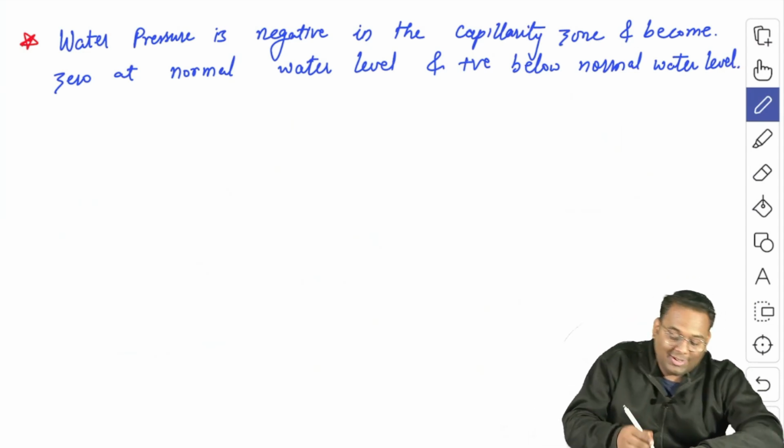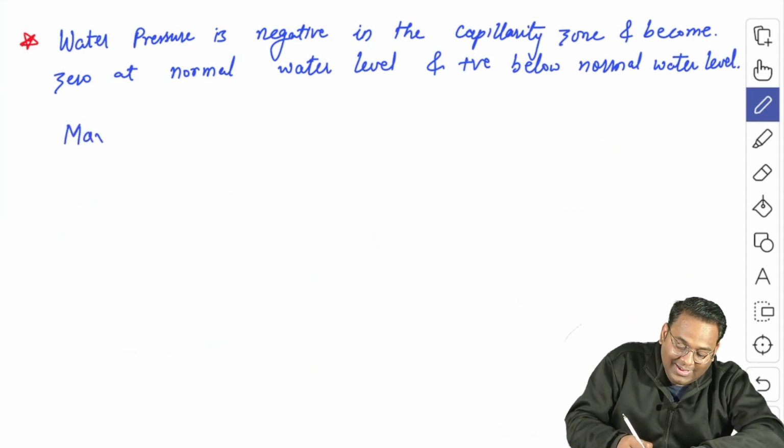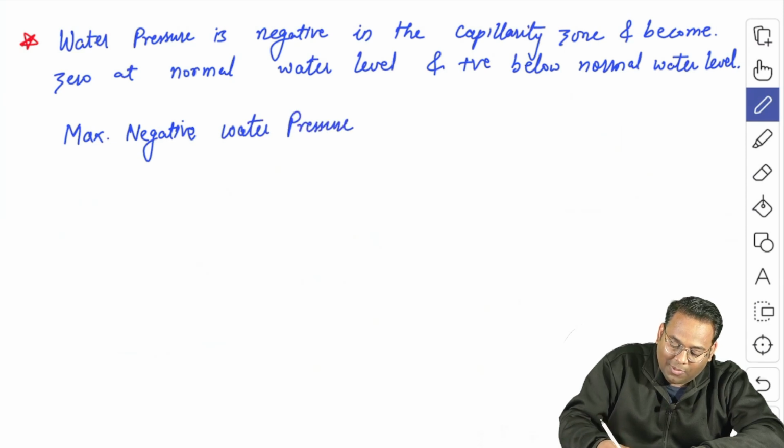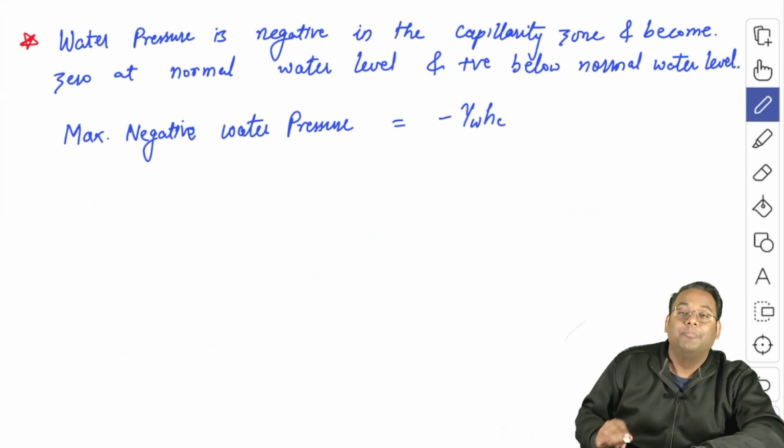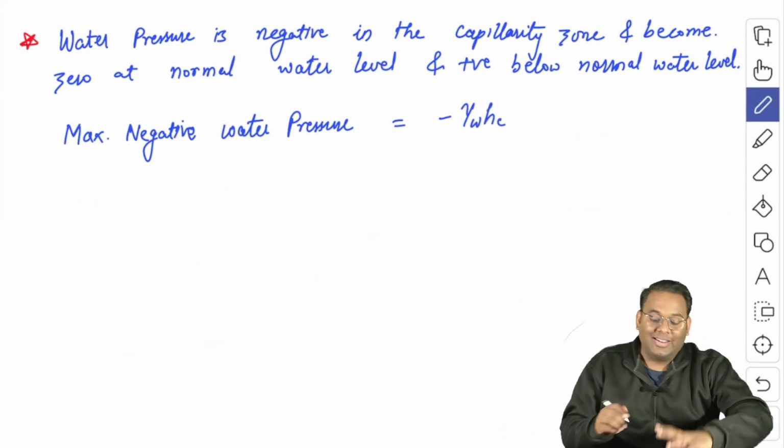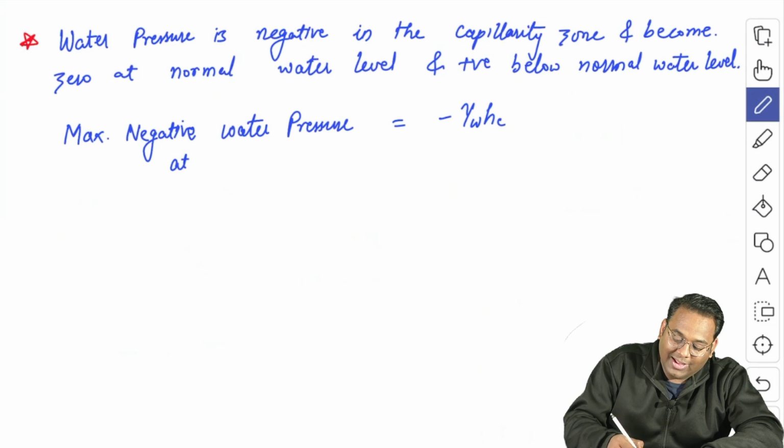If I ask you what is the maximum negative water pressure, you can say that the maximum negative water pressure is nothing but gamma_w into h_c. Yes or no? And where is this acting? This is acting at the top of the capillarity zone.